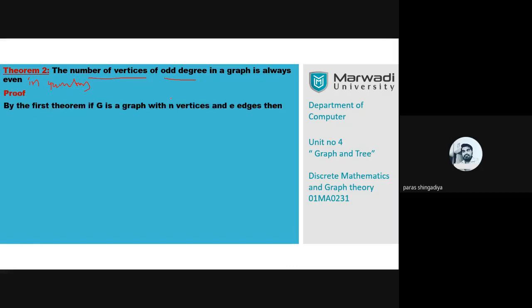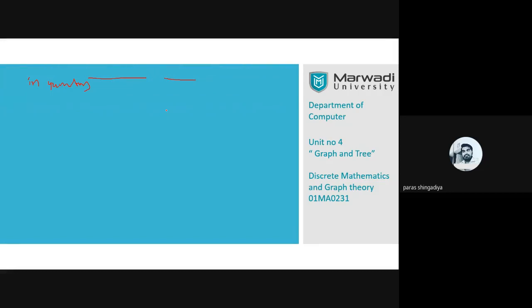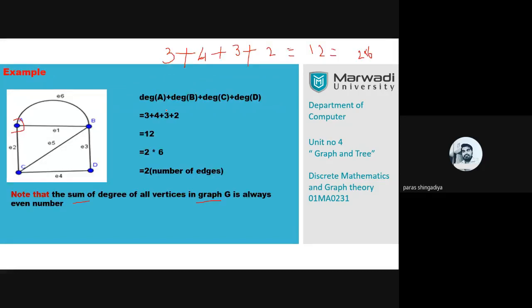So let's prove that. Clear? In this graph, you have to verify it here. What is the meaning of odd degree? The degree of A is 3 here. So that is called an odd vertex, an odd degree. Degree of B is 4, so that is called an even degree. Degree of C is 3, so it is called an odd degree.